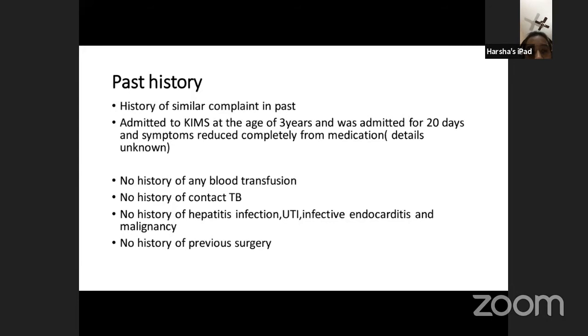Hello, ma'am? The UTI is for the infectious cause. Am I audible? Yes, ma'am, you're audible. I was saying that the history of previous surgery may not be required. Why are you asking for UTI? Ma'am, urinary tract infection might be a precipitating factor. Hello?